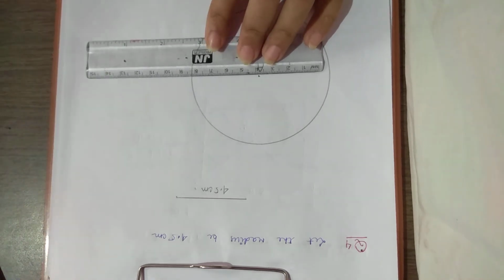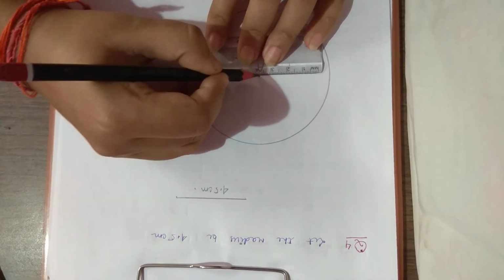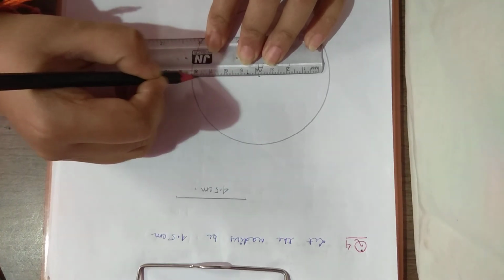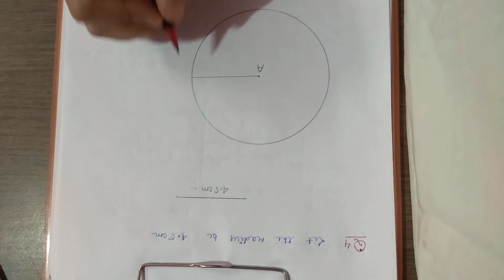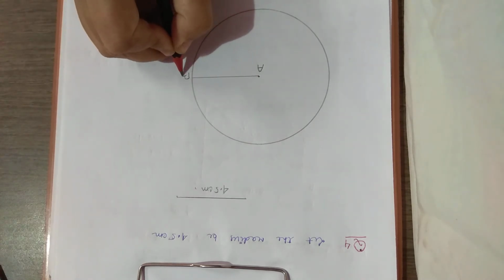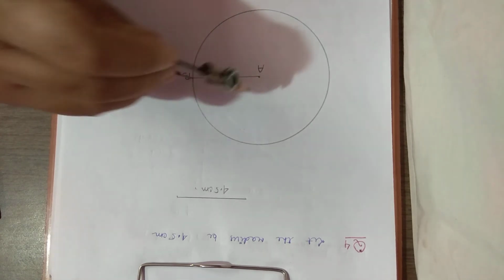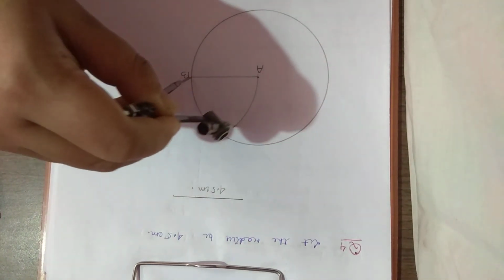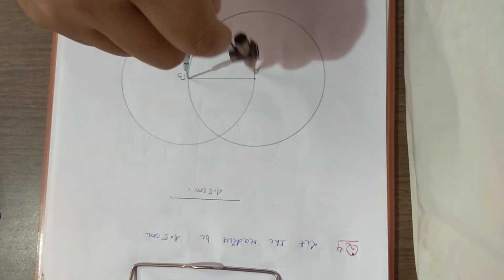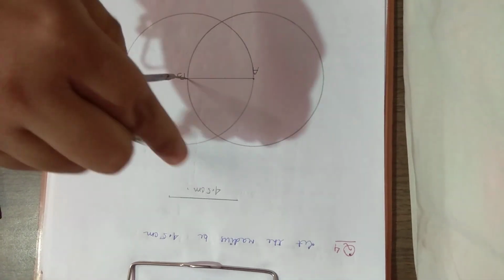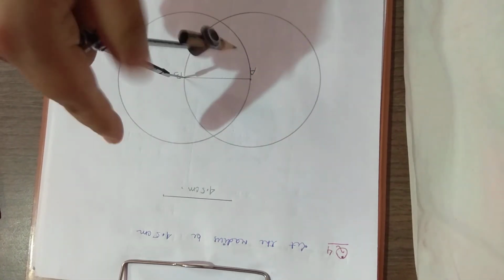Now I will draw the radius. Now I mark it as B, and taking B as center I draw another circle with the same radius. Then we find that the second circle passes through the center of the first circle.